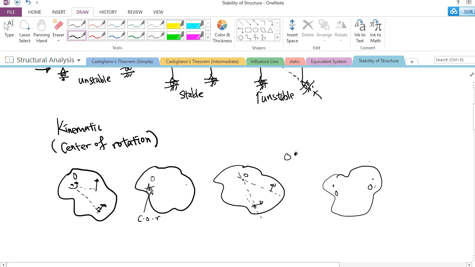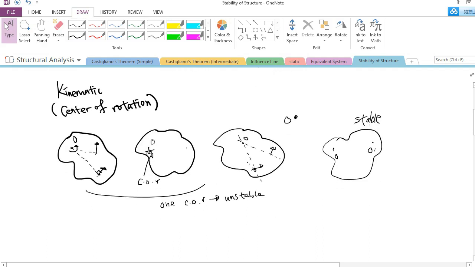It means that the system is stable. This other system, with one center of rotation, is unstable. If you can find a system that has more than one center of rotation, it means this is a stable structure.